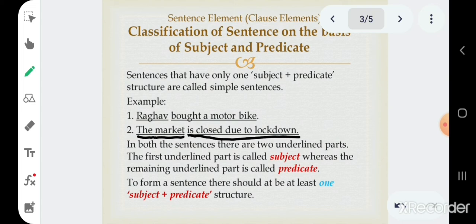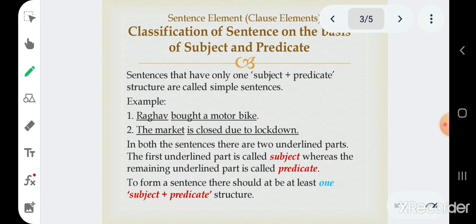Similar to the first sentence, the market is the subject, and is closed due to lockdown is the predicate.